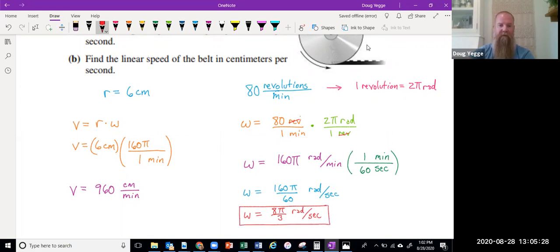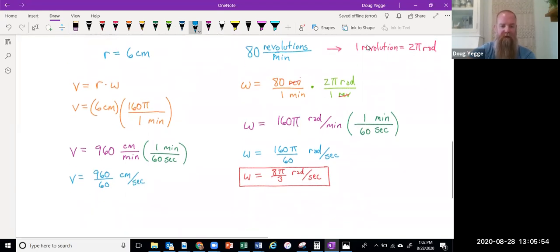But for my linear speed, it's the same idea. I've got to multiply by 1 minute over 60 seconds in order to cancel the minutes, which means I'm really doing the same thing again. I'm simply taking my velocity is equal to 960 over 60 centimeters per second.